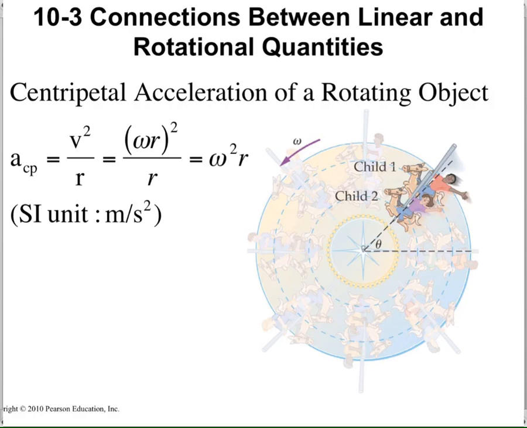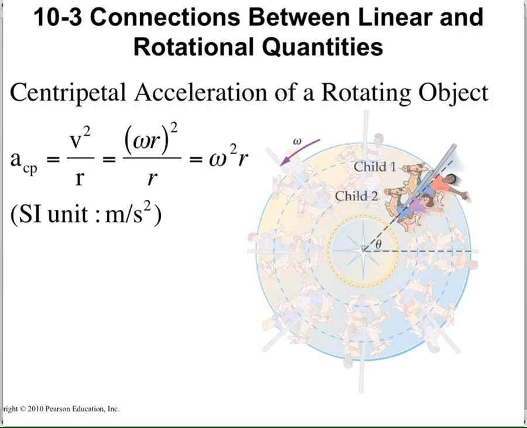Also, we have this centripetal acceleration. Remember, we have dealt with this centripetal acceleration in chapter 6, the applications of Newton's law. Think of a uniform circular motion: the object is rotating around a circle with a constant speed.